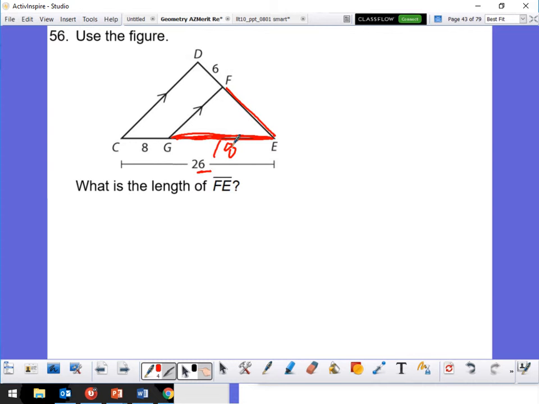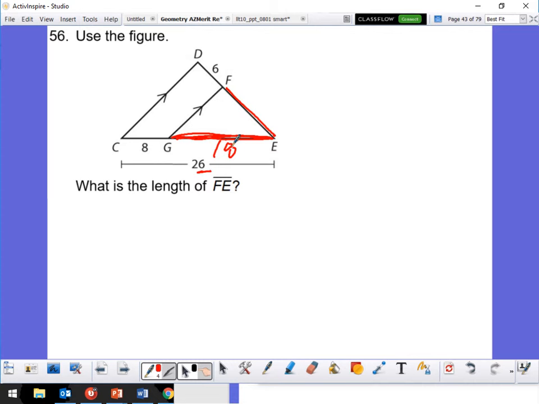Set it up. All right, so let's go ahead and do the cross products.